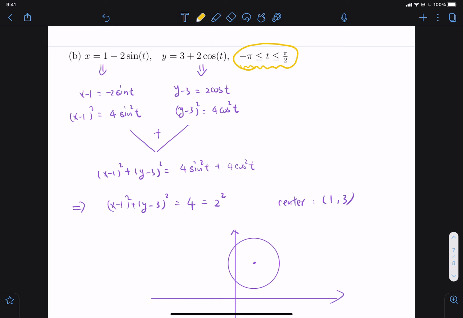When t is equal to negative pi, you see we have negative sine pi, which is 0, right?